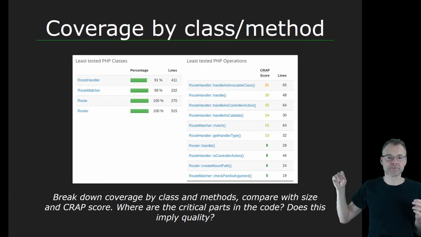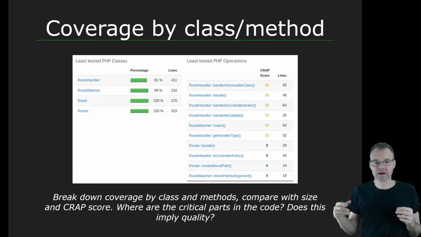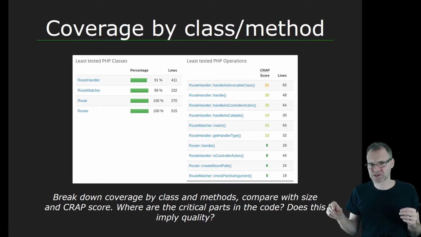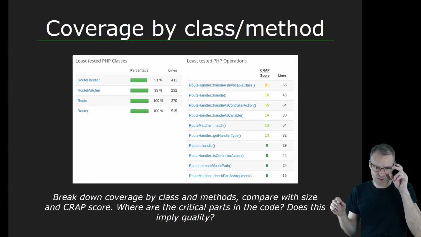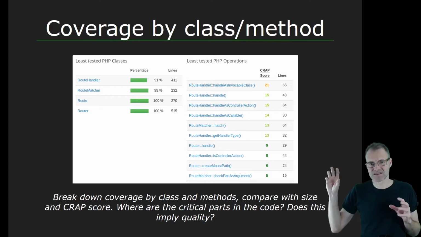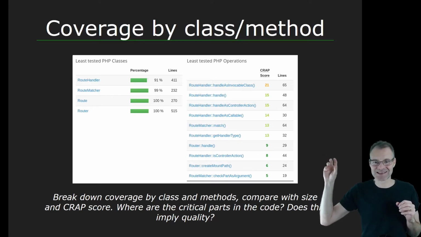On the other part here, we see the methods and how well they are covered. We see how many lines there are, and here we see some kind of crap score. We don't know what the crap score is yet, but we can see that the low scores, on 5 and 6, are green, and a higher score like 21 or 50, at least 21 there, has a yellow value, so that is not good.